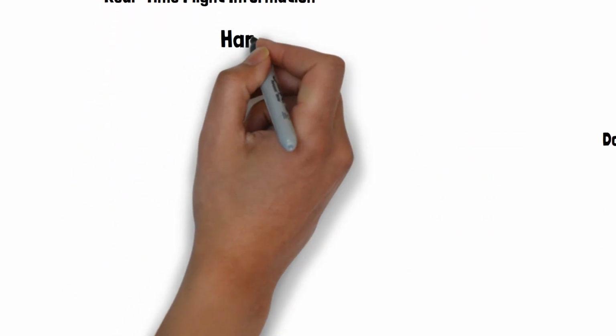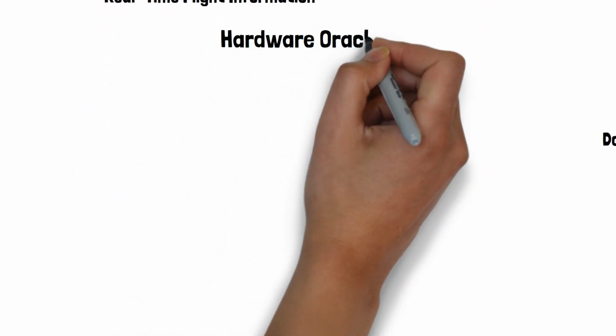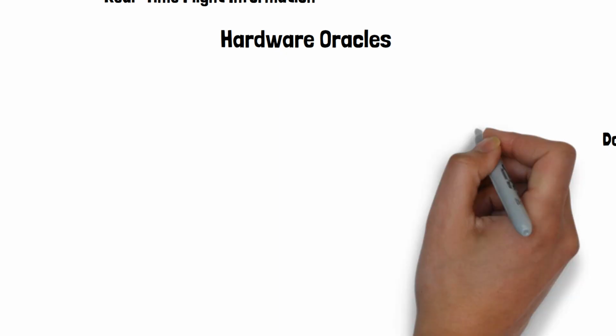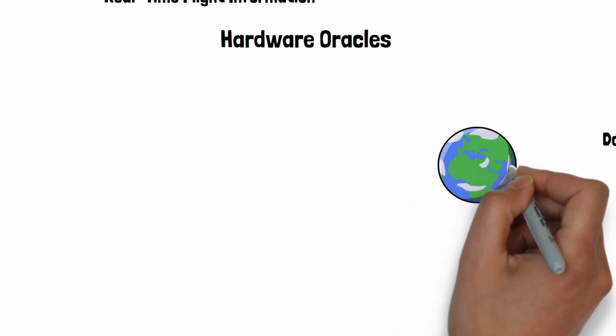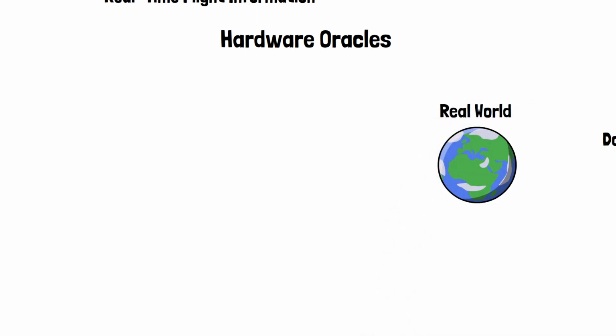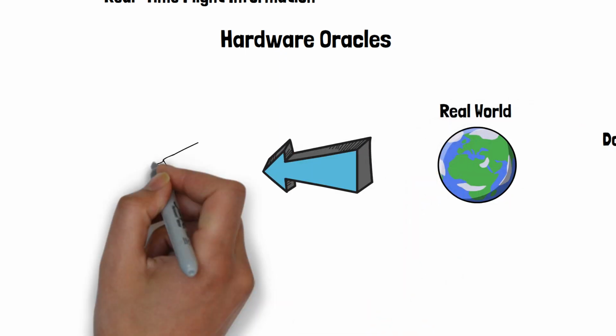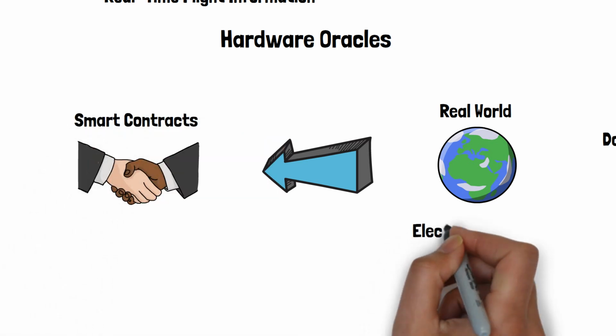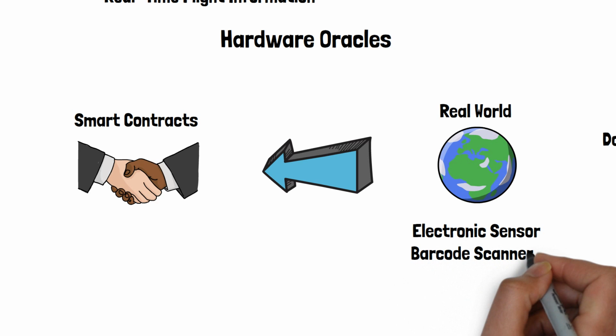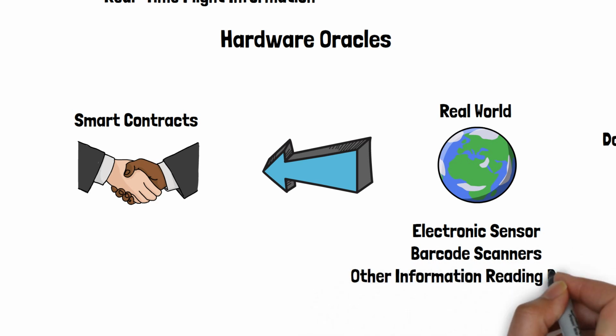Now, let's look at hardware oracles. Some smart contracts need to interface with the real world. Hardware oracles are designed to get information from the physical world and make it available to smart contracts. Such information could be relayed from electronic sensors, barcode scanners, and other information reading devices.